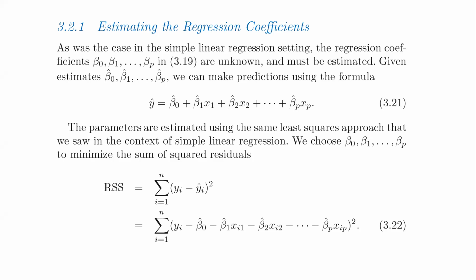And in fact, we have estimating the regression coefficients, not just beta naught hat and beta 1 hat, as in simple linear regression, but we now extend the slope of the x1 variable to include two or more slope, or one or more additional slope parameters, beta 2 hat to beta p hat.